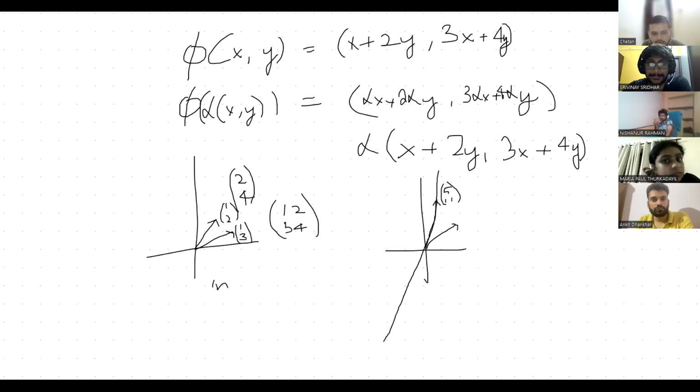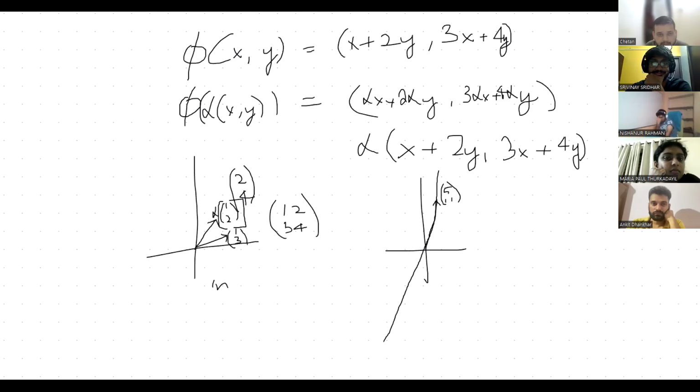See, only the inputs that are on the line of vector 1 comma 2 will be mapped to the line of vector 5 comma 11, because you are scaling it by some scalar quantity. If you have some other vector, say 1 comma 3, right?